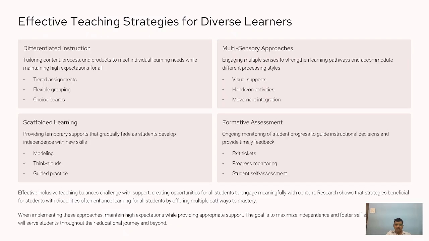Differentiated instruction is tailoring content, process, and product to meet individual learning needs while maintaining high expectations for all, such as tiered assignments, flexible grouping, and choice boards. Multi-sensory approach means engaging multiple senses to strengthen learning pathways and accommodate different processing styles: visual support, hands-on activities, movement integration.